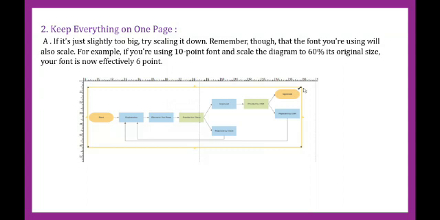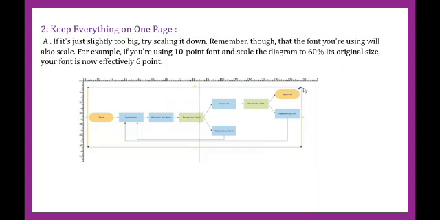To keep your flowchart on one page, you can try these solutions. The first one: if it's only slightly too big, then try scaling it down. Your font will be scaled too. For example, if you're using 10 point font and the diagram is scaled to 60% of its original size, then your font will now be 6 point.